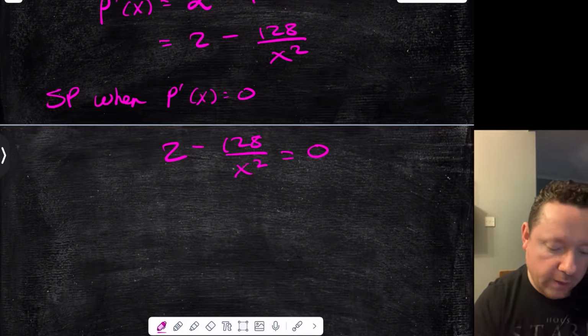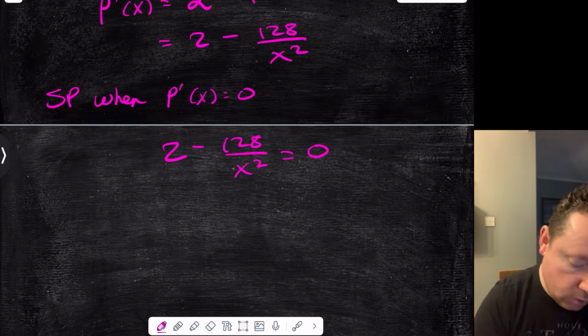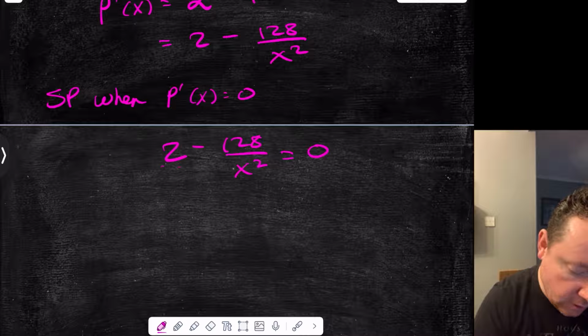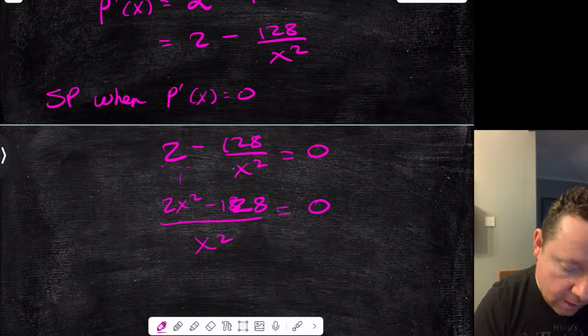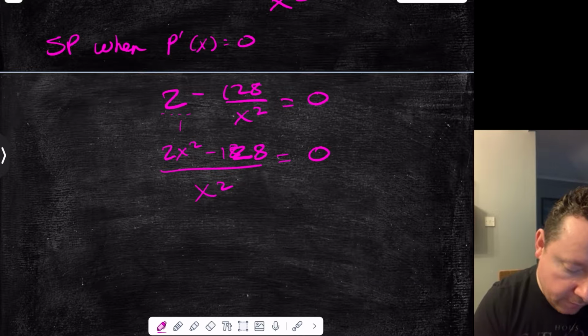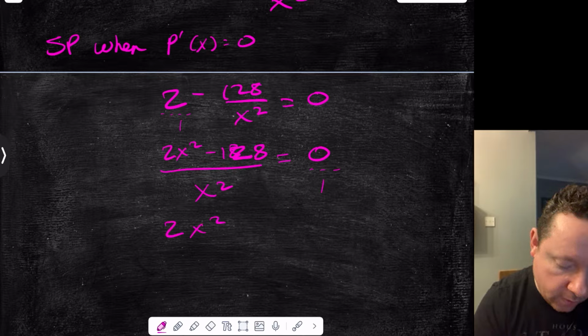So we need to solve that equation, so getting rid of the denominator. Imagine the 2 is over 1. Common denominator is x squared. You get 2x squared on the top minus 128 equals 0. So then we can just say that's 2x squared over x squared, with 0 times x squared being 0. So we get 2x squared minus 128 equals 0.